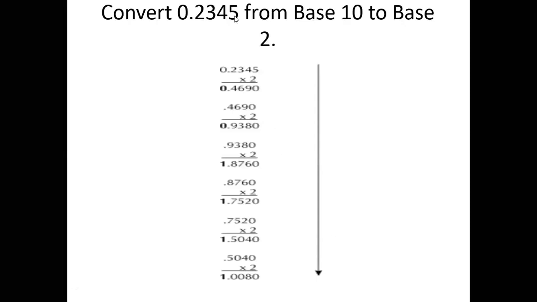Let's suppose you have a number like this one to convert: 0.2345 from base 10 to base 2. The steps that you take are as follows. You get your fraction, which is in base 10, and multiply it by your base. You want to convert to base 2, so you'll be multiplying by 2. 2 multiplied by 5, that's 10.